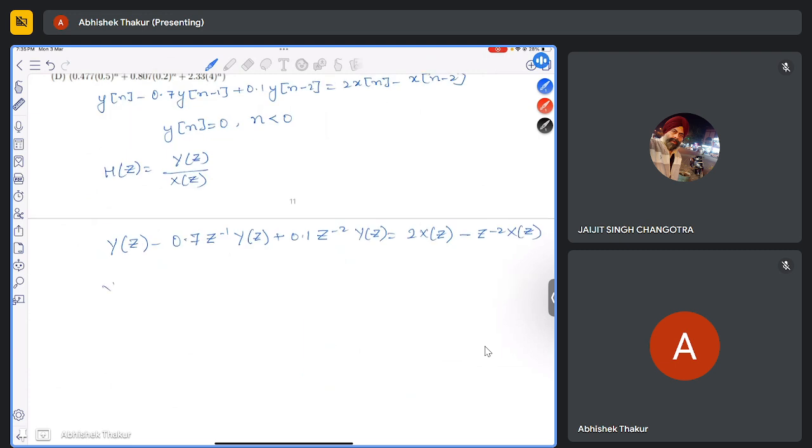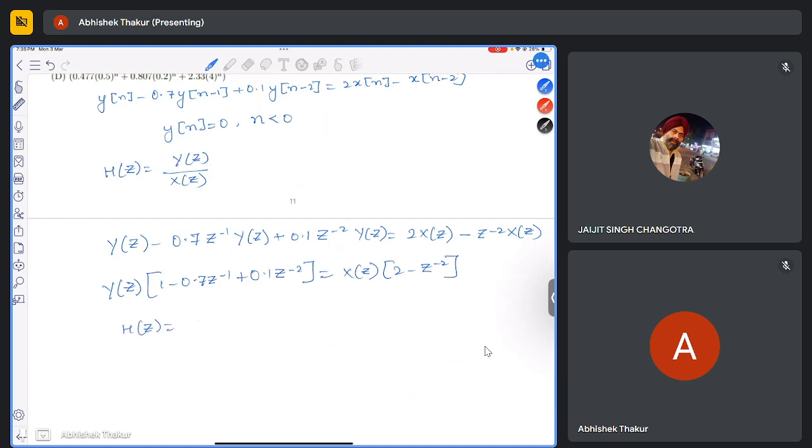Now let's take Y of z common. It will become 1 minus 0.7 z inverse plus 0.1 z to the power of minus 2 is equal to X of z times 2 minus z to the power of minus 2. So what is our H of z?